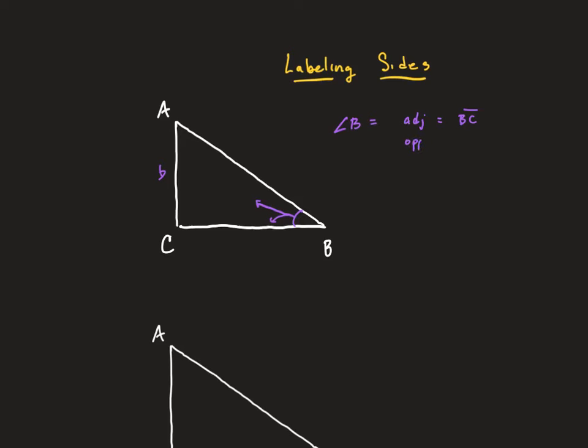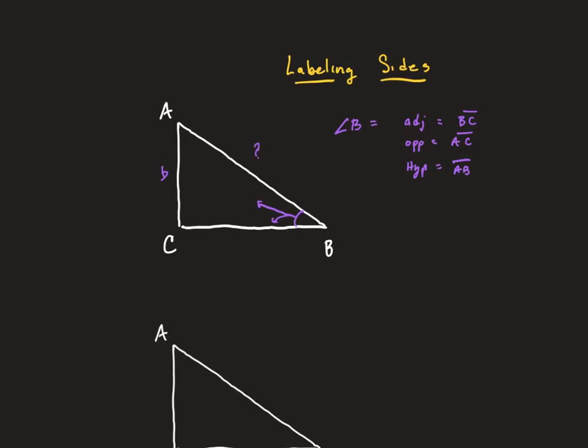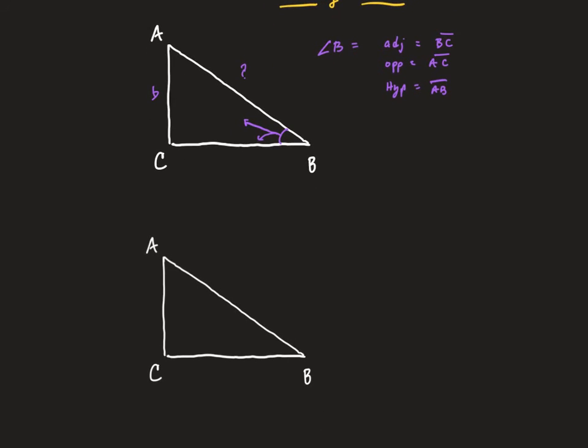The opposite will be not AB, but AC. And then the hypotenuse is going to be that longest side right here, and that is going to be side length AB. So being able to look at those and see what the corresponding side or length will be.